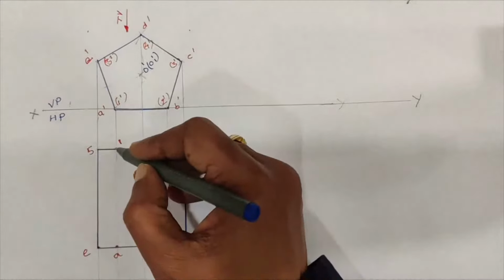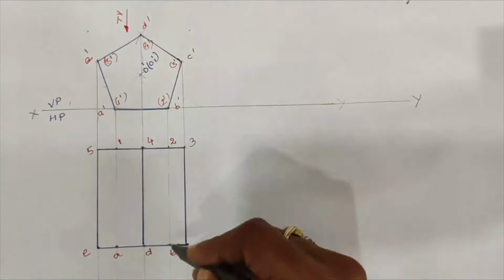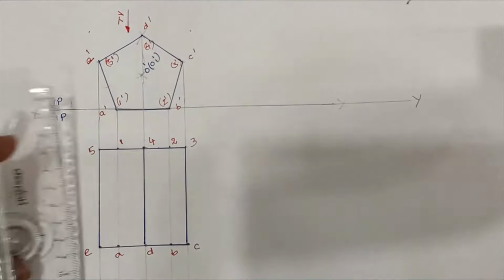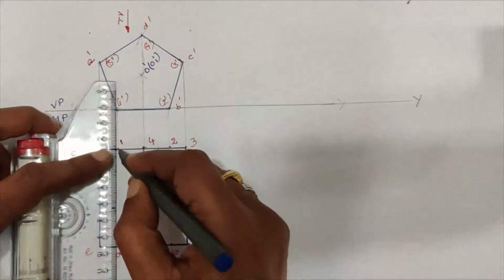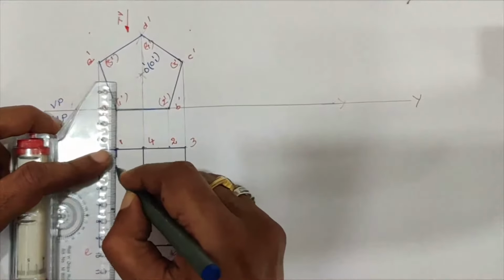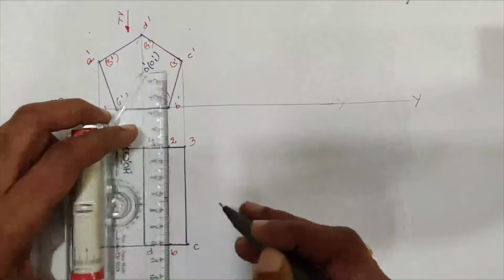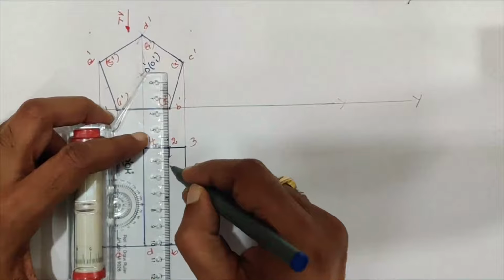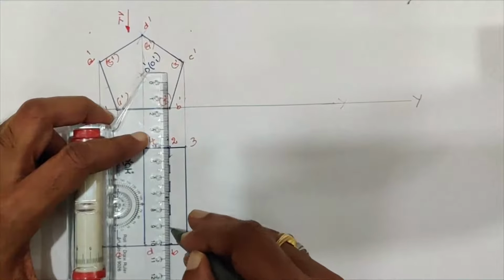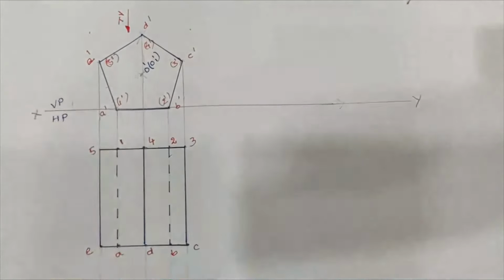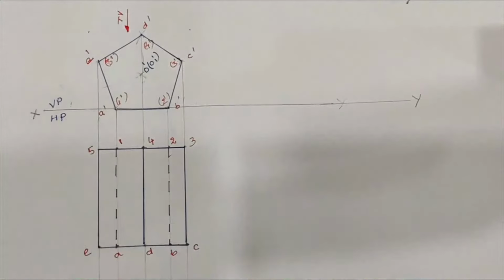So draw 1 to A as well as 2 to B as hidden lines. That is, while looking at the top of the object, the 1 to A as well as 2 to B edges are invisible. That's why they are dashed lines.